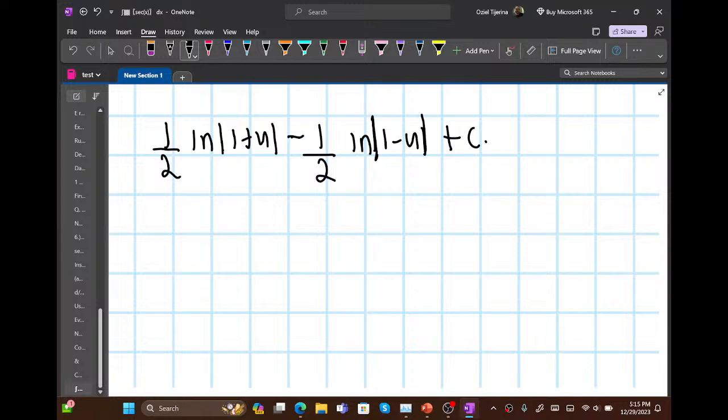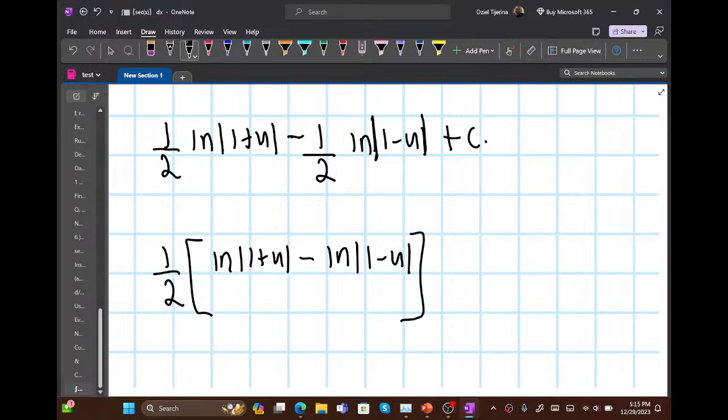But anyways, let me think. This is going to be 1/2 times the quantity, the natural log of the absolute value of 1 plus u, minus the natural log of the absolute value of 1 minus u. All of this plus the constant of integration c.